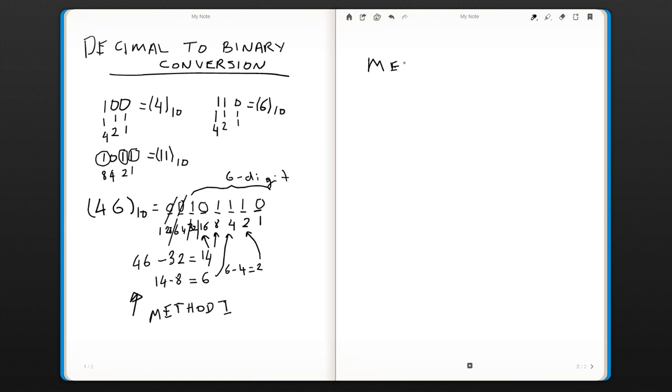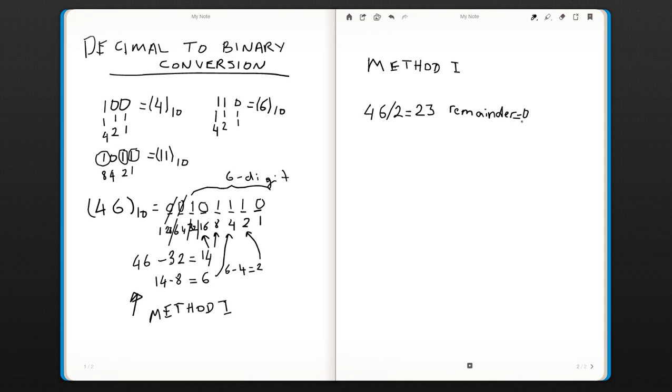But if you have a bigger number, this technique would be more useful. What we're going to do is repeatedly divide the decimal number by 2. Let's say again the same number, we have 46. We're going to divide it by 2. The result is 23, and the remainder is 0.